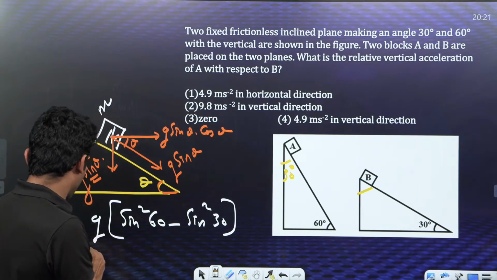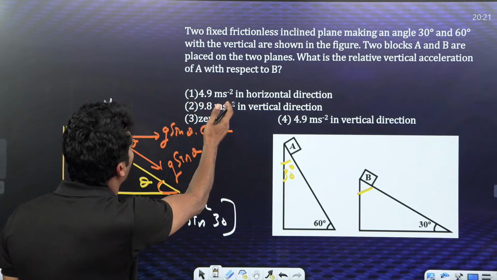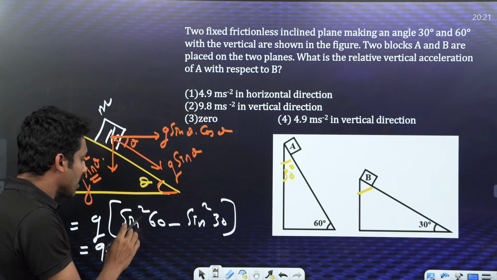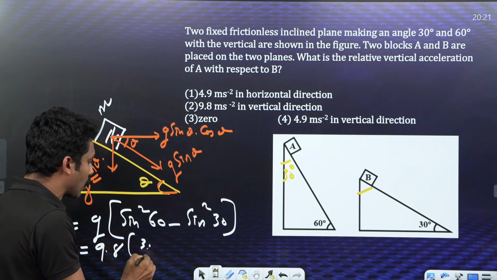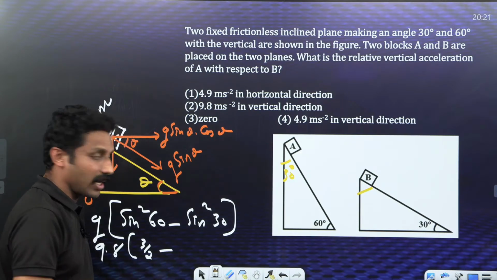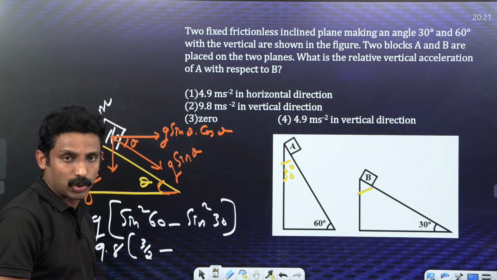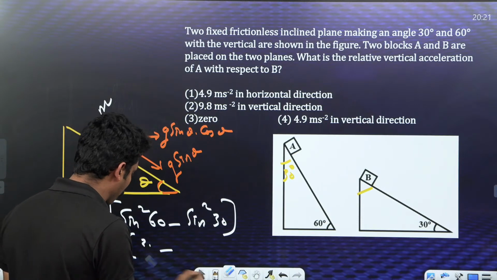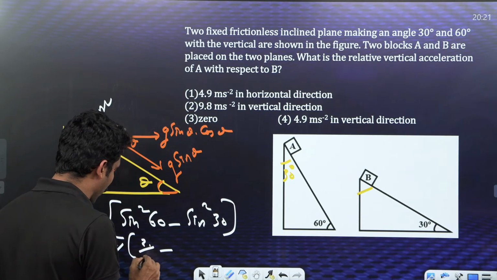The options are 4.9, 9.8, etc., so we are taking g as 9.8. Sine 60 is root 3 by 2, so sine square 60 is 3 by 4.